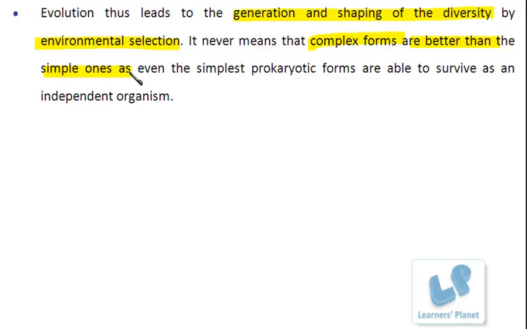But it is not the truth, right? The truth is that both complex and simple organisms are able to survive in the existing conditions, depending on their own adaptation. Fine. So this is how evolution is helping in the generation of diversity and new complex forms without affecting the existence of the simple organisms.